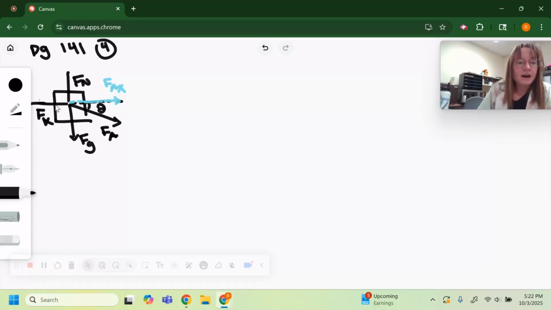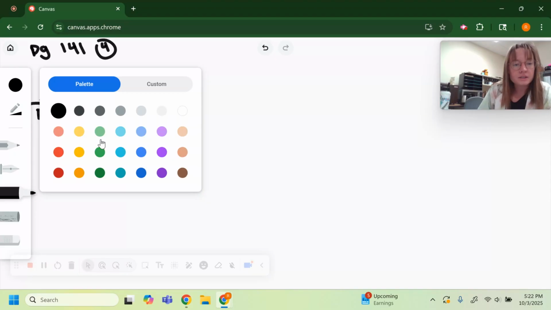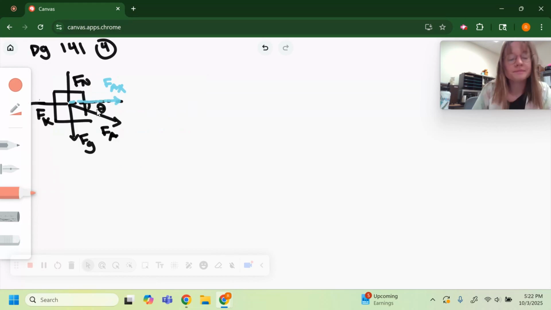Now, I take another look here. I'm going to go to red, but the light red, pink or red 300. Here's what I'm looking at next. I'm looking at the y direction, and in the y direction, I see that I have FG pulling down, and also, because this student is pushing downwards at an angle, you also have FAY is negative.